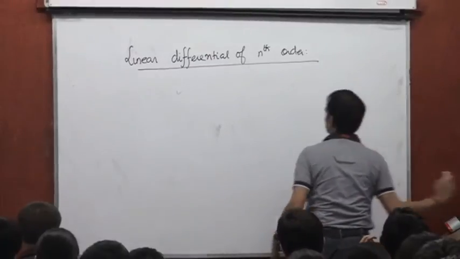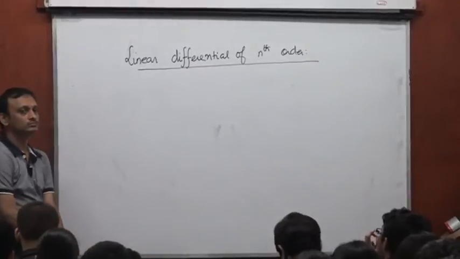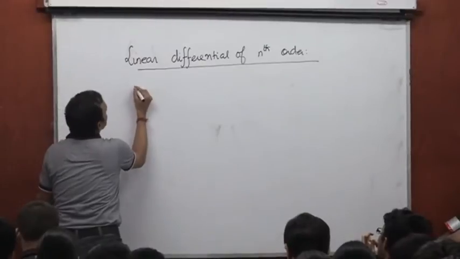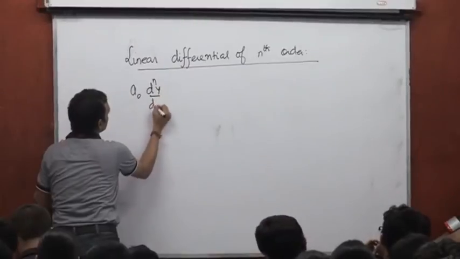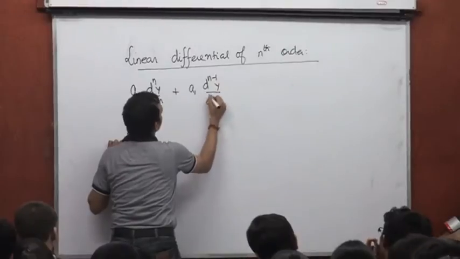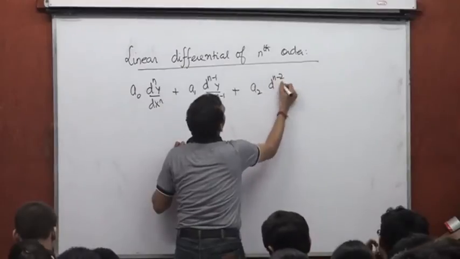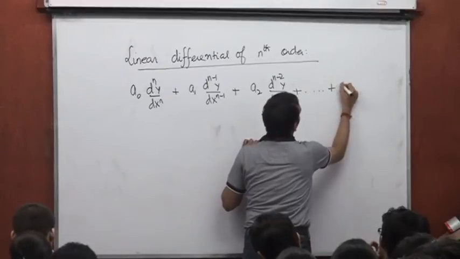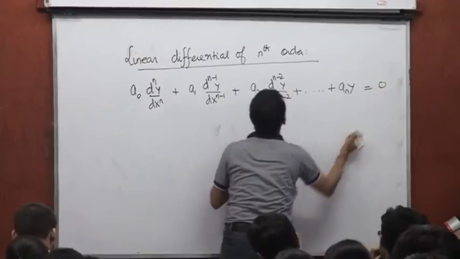So in general, if I had something like this, a naught times the nth derivative of y with respect to x plus a1 times the n minus 1th derivative of y with respect to x, plus a2 times the n minus 2th derivative of y with respect to x, and so on, plus an y equal to 0.